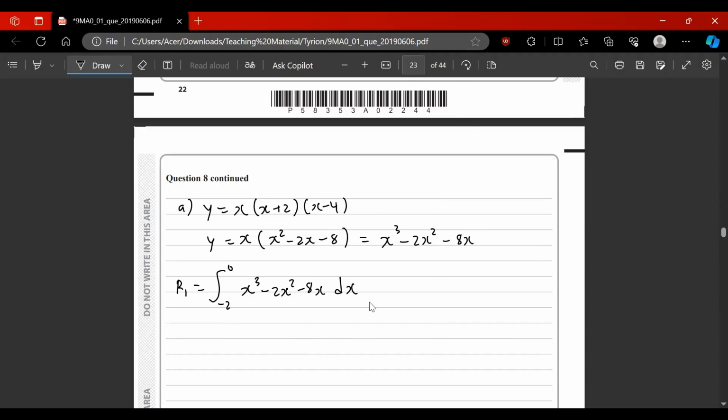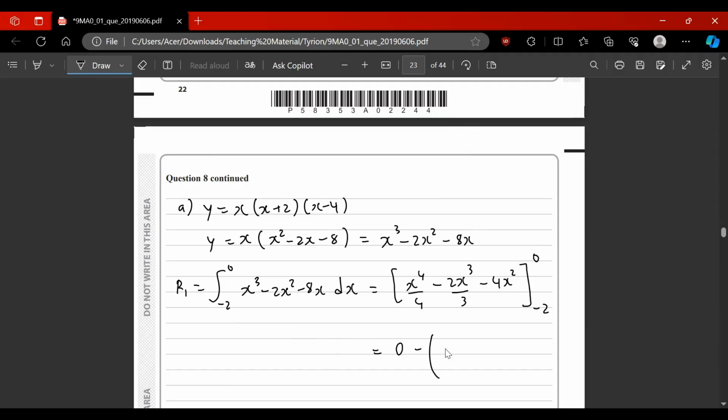dx. If we perform the integration, we will get x to the power 4 over 4 minus 2x cubed over 3 minus 4x squared. And remember, you need to apply limits from 0 to -2. If you apply 0, obviously you will end up getting 0 as the first term.